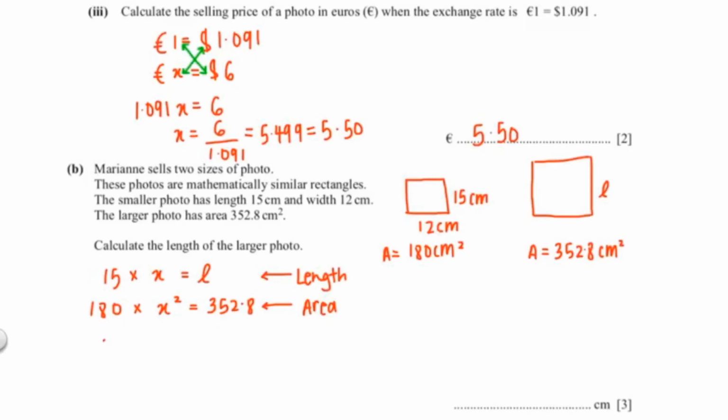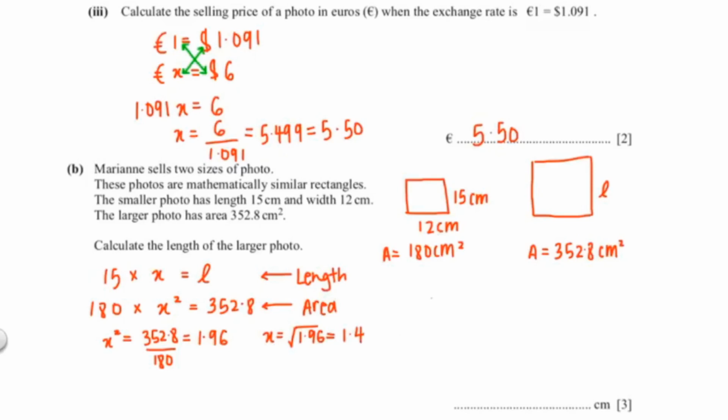So I'm going to calculate x. First we have x squared, which equals 352.8 over 180. And that would be 1.96. So to find x, I'm going to square root 1.96, which gives me 1.4.